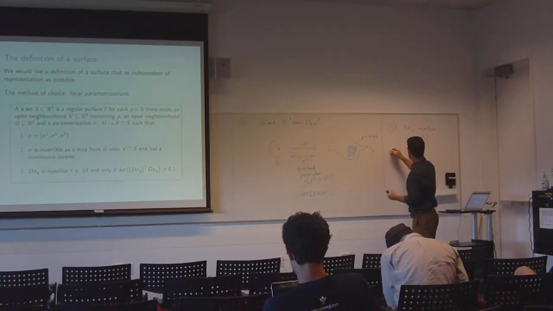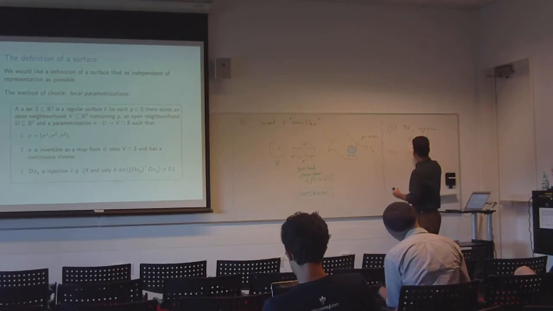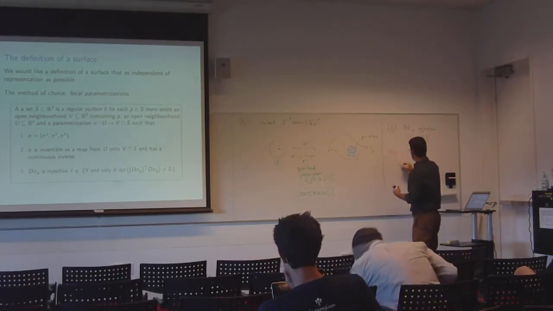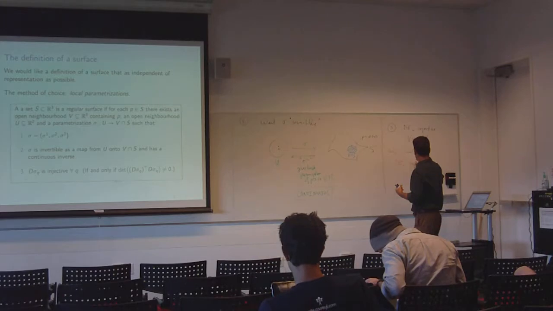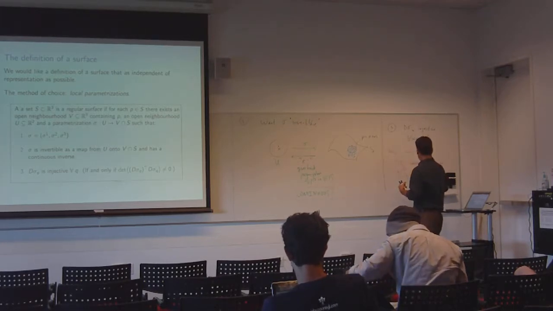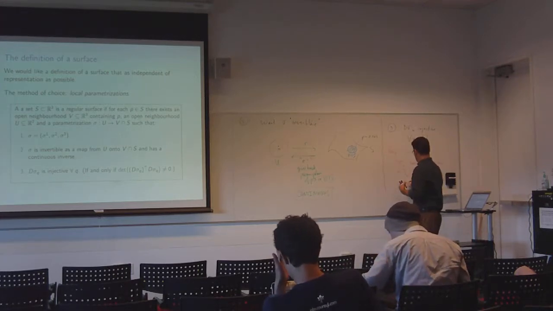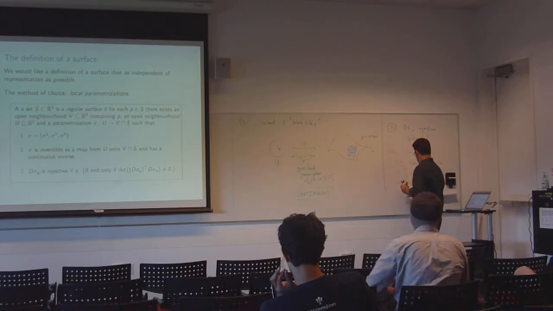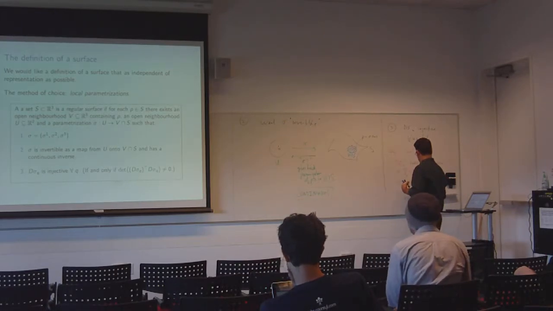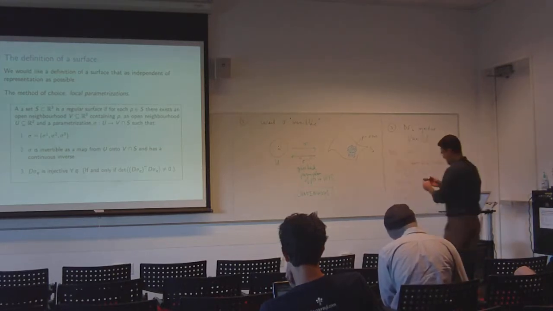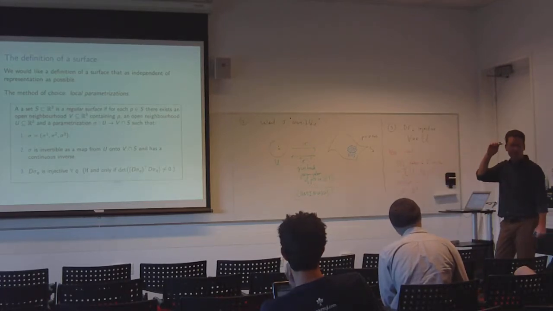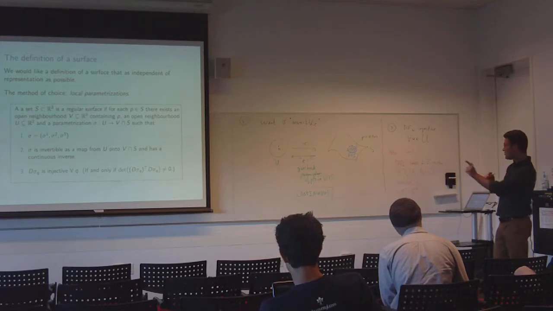So let's say the reasoning behind this is what you want is, okay, the reason you want to keep this injective is because you want d phi of u, the differential, which is a linear transformation, to take linearly independent vectors in the U space.